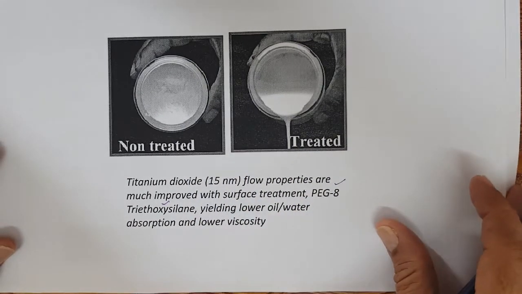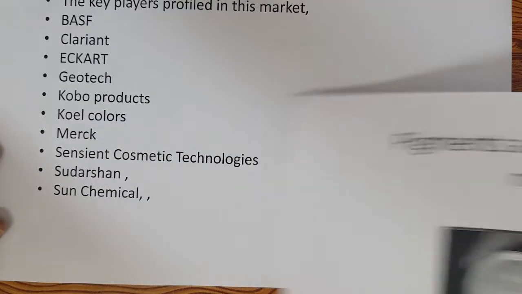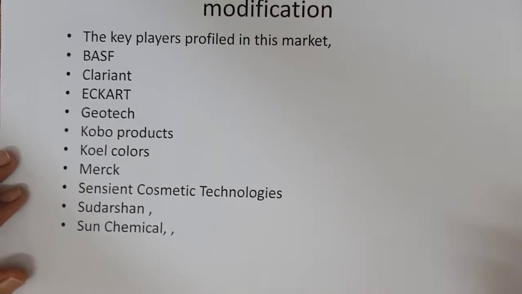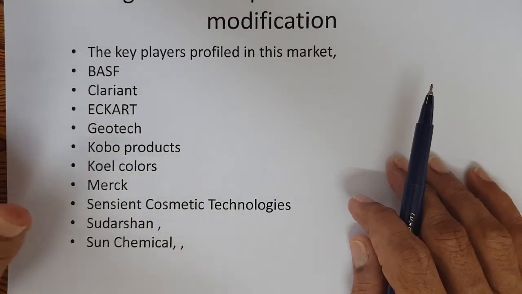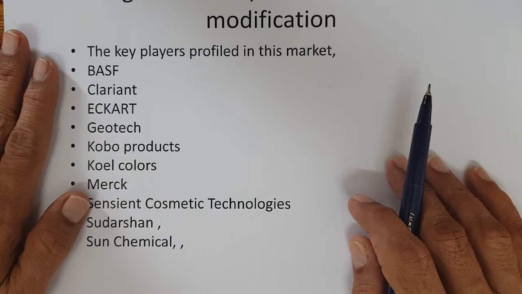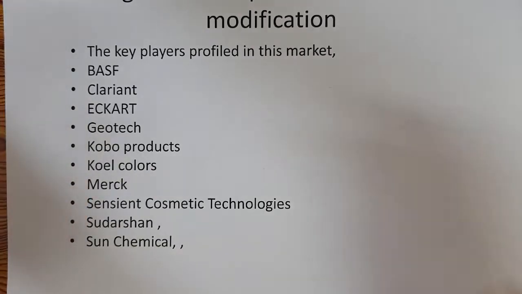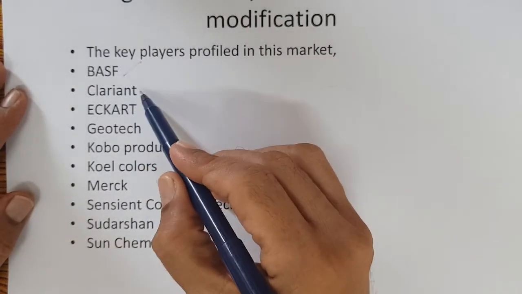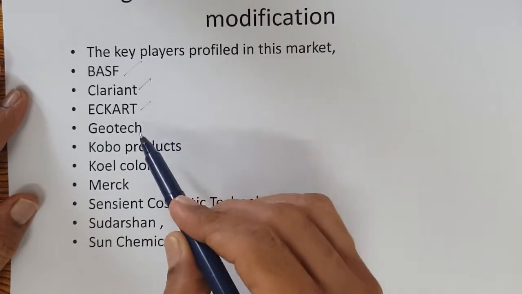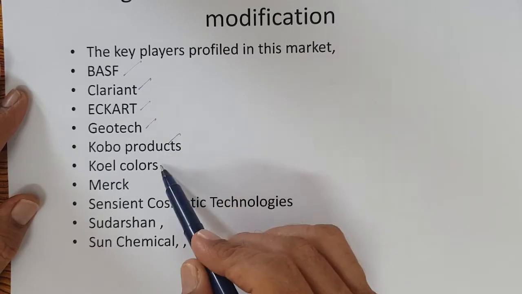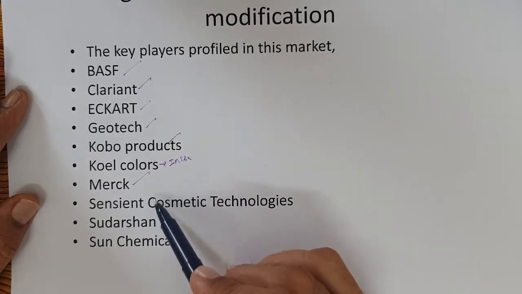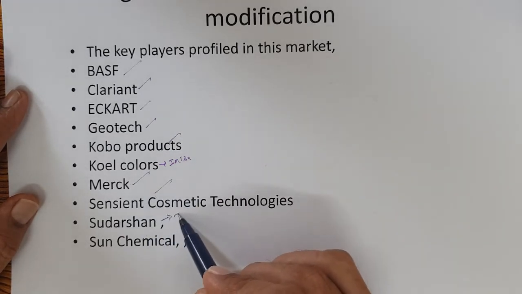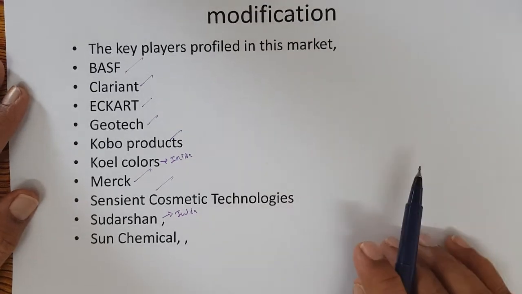So this is just an example, right? So these are the players. These are the players in the market for examples, right? These are all the examples of the pigments and powders, surface modification people. BASF, Clariant, Eckart, Geotech, Kobo, Koel, India, Merck, Sensient, Sudarshan, India, right?